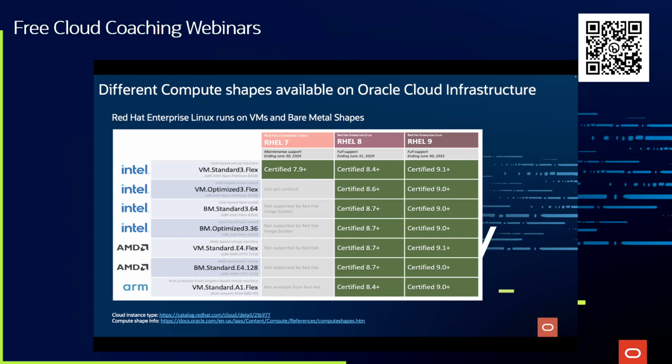It's not shared with any other customers. With these 64 cores, you'll get 1024 gigabytes of memory, and you get 2 by 50 gigabits per second network bandwidth. So this is a good option that we can provide to customers. You select the processor, the memory, the number of cores, and you deploy your Red Hat Enterprise Linux on Oracle Cloud.